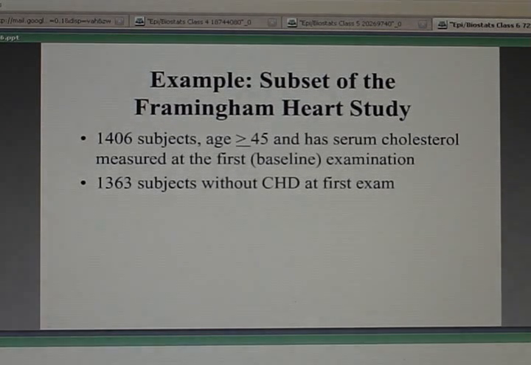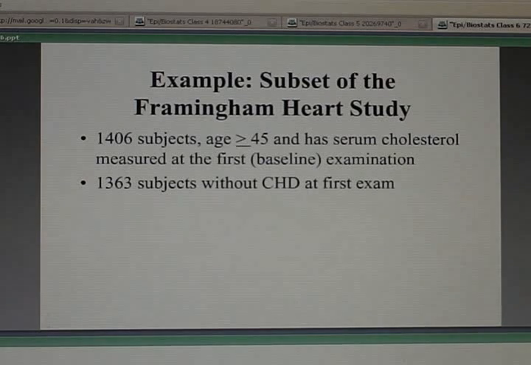They planned to follow them for 20 years to see who develops heart disease and who doesn't. They planned to see whether smokers get more heart disease than non-smokers, whether high blood pressure people get more than low blood pressure people. And basically, the study is still going on. It's been going on for 50 years now, still following people who are still alive to see who does and who doesn't develop heart disease.